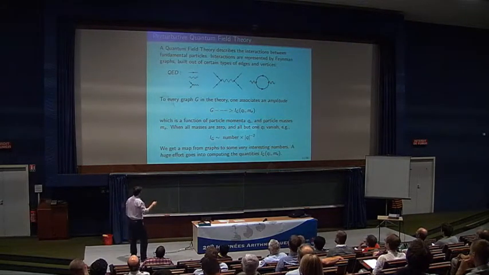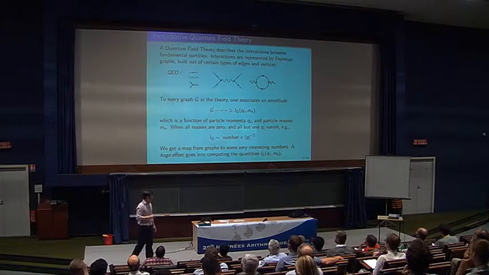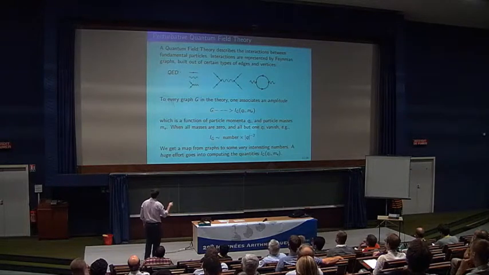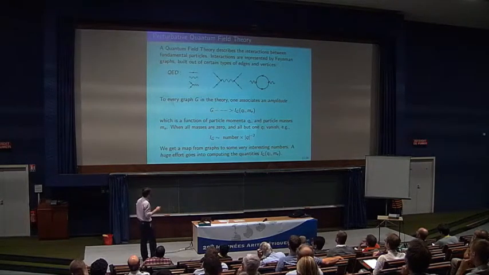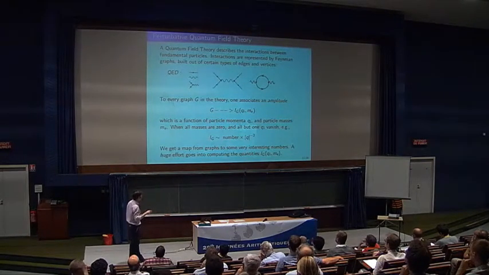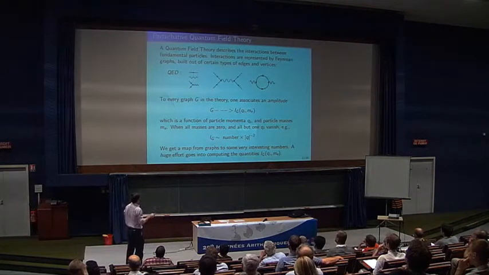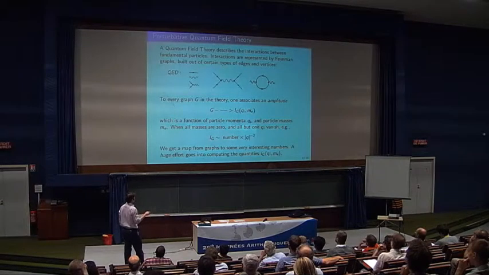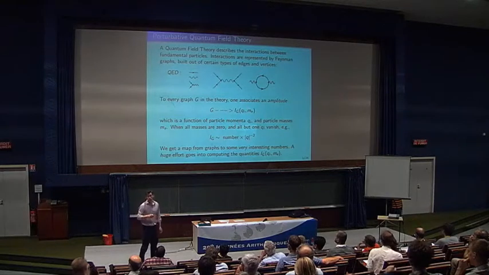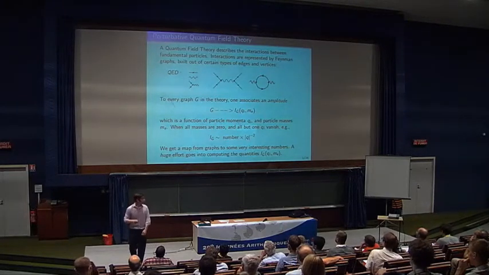So what physicists do is they write down all possible interactions which can happen in their theory, and to every such graph, which is called a Feynman graph, they want to associate a probability amplitude. This probability amplitude will be denoted I_G, and it's given by a certain integral called the Feynman integral, which I will explain in a minute.